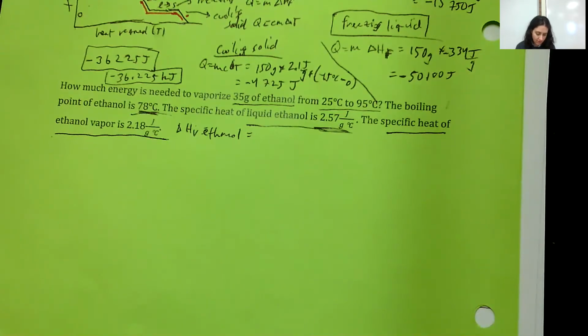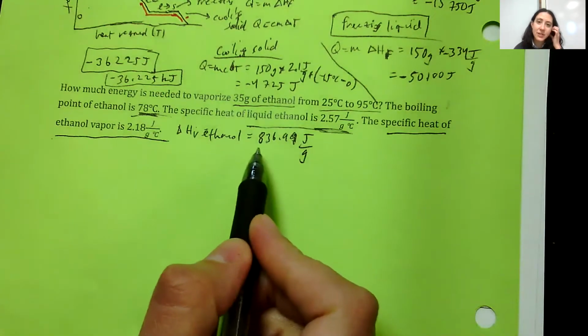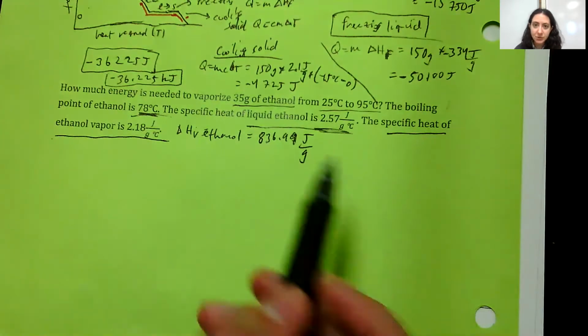Okay, hold on, I'm going to have to look it up. All right, I had to look it up, then I had to do a quick conversion. But anyways, I got the number here. It's 836.99 joules per gram.